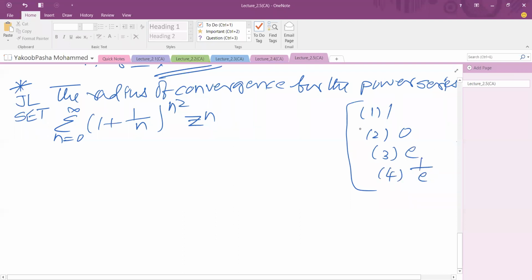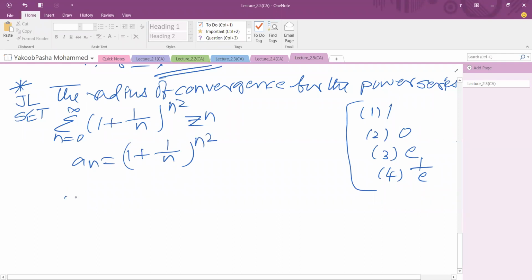These are the options. Now first I am comparing this power series with summation n equal to 0 to infinity an z power n. So here an is equal to 1 plus 1 by n whole power n square.